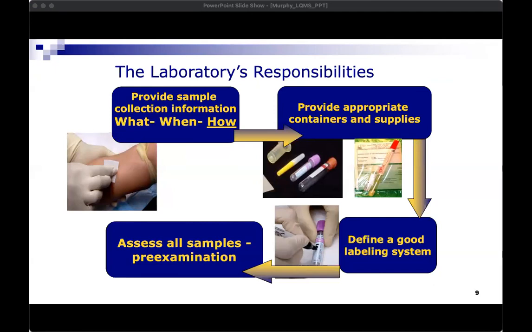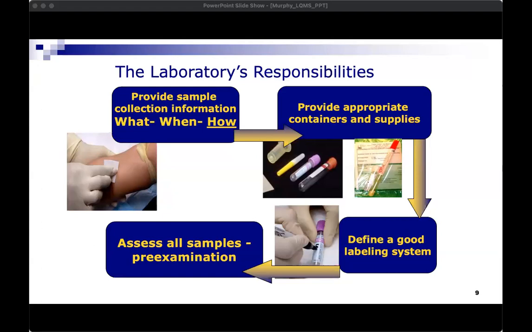And I can't stress enough how important it is to have really good communication and good training between different areas of the healthcare setting. The labs, the doctors, the nurses, phlebotomists, everyone needs to really work together on this. A lot of times people may think, oh, sample collection, that's the nurse's job, that's the doctor's job, and I don't have any control over it, or any responsibility there.